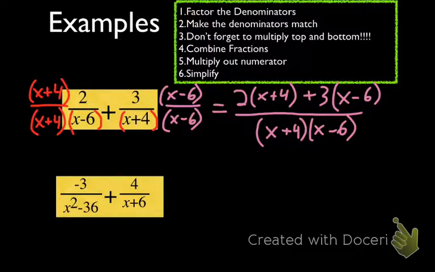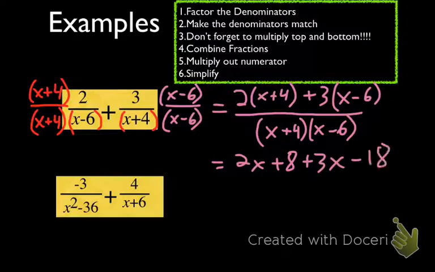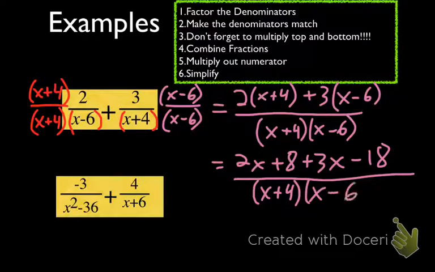This is going to be 2x plus 8 plus 3x minus 18, all divided by x plus 4 times x minus 6. True that. That is true.